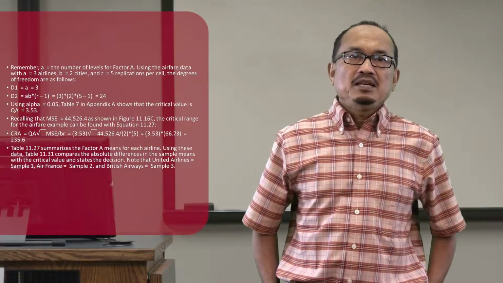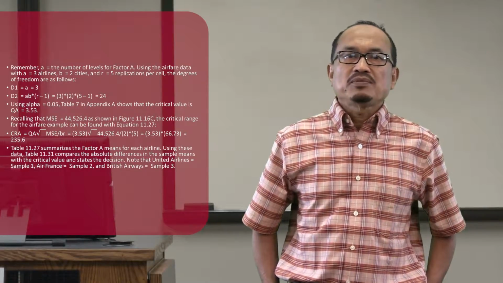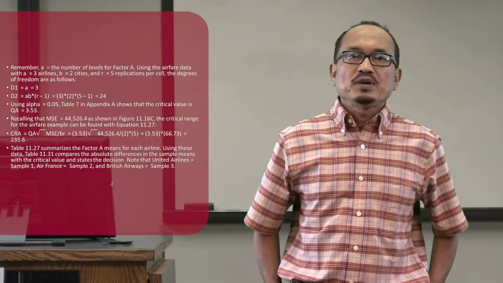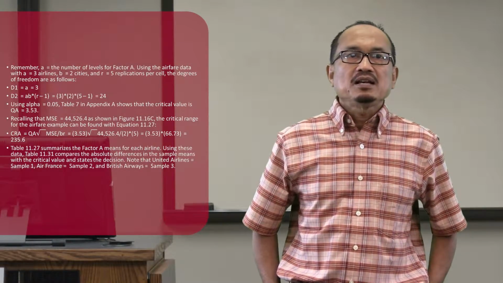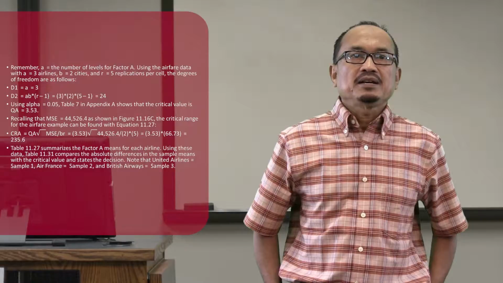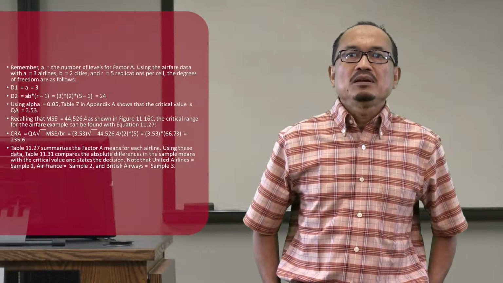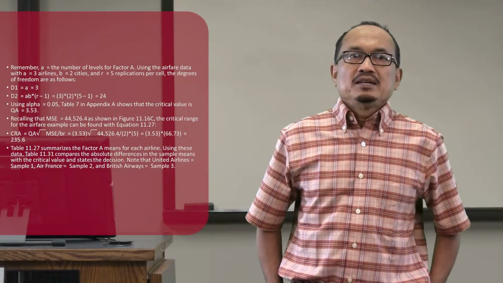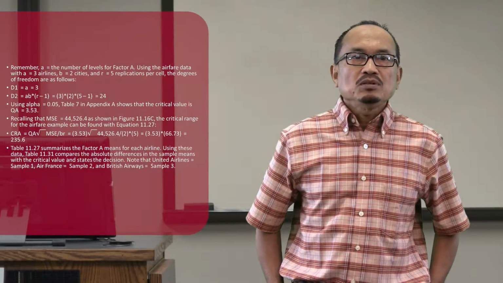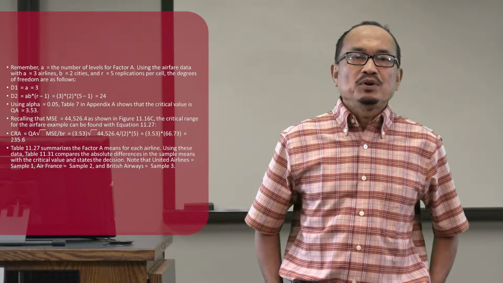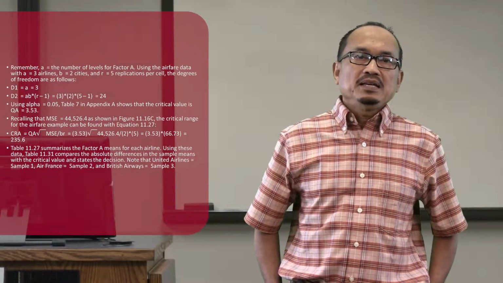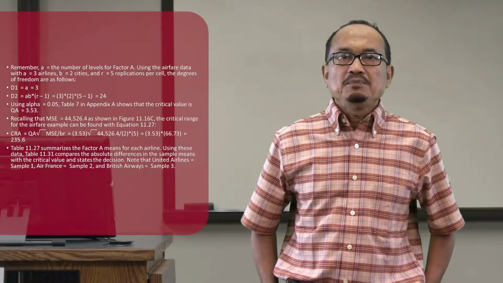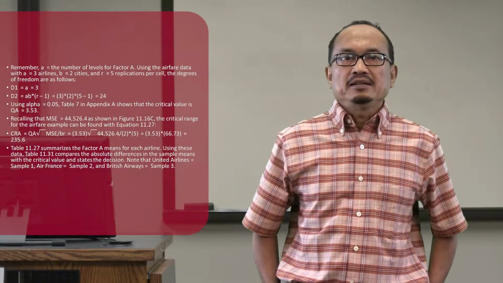Recalling that MSE equals 44,526.4, as shown in figure 11.16c, the critical range for the airfare example can be found with equation 11.27. CRA is equal to 235.6. Table 11.27 summarizes the factor A means for each airline.